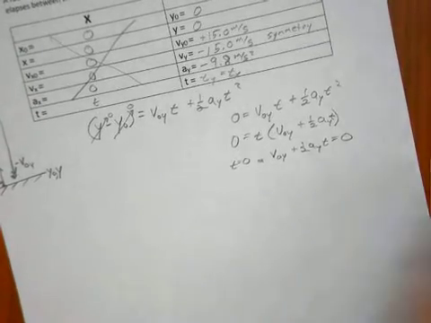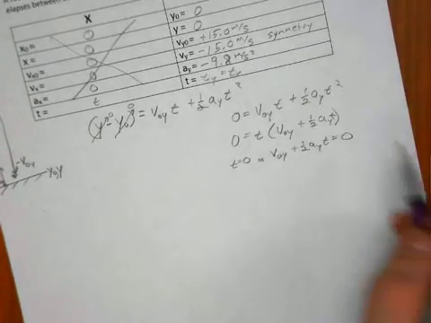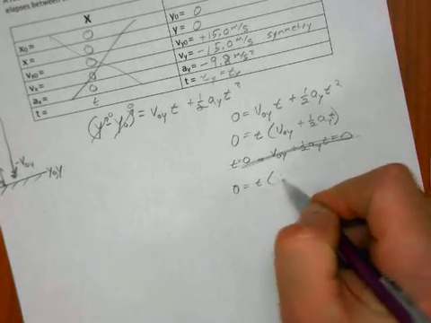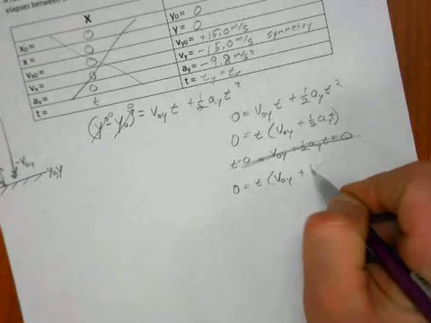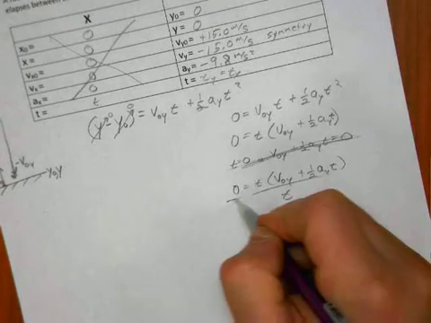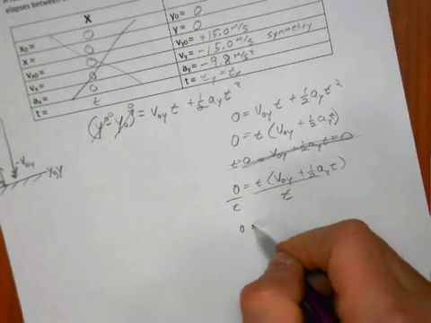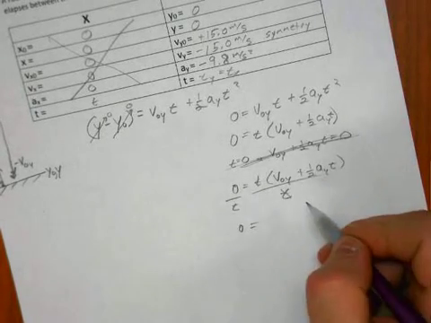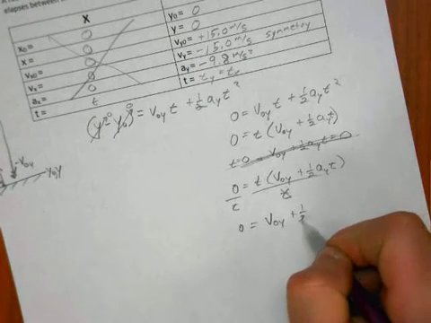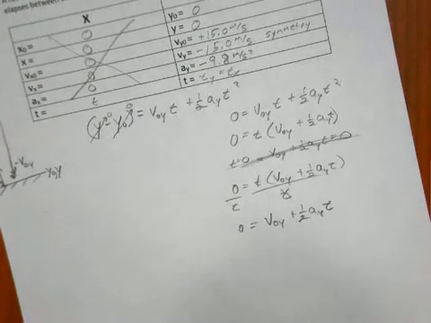To do it a different way, maybe you don't like me doing it that way, let's just do it explicitly by saying 0 equals t times (v0y plus 1/2 ay t) and divide each side by t. Well, 0 divided by t is 0, and t divided by t is 1, so 0 equals v0y plus 1/2 ay t.